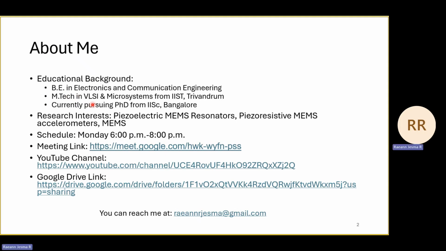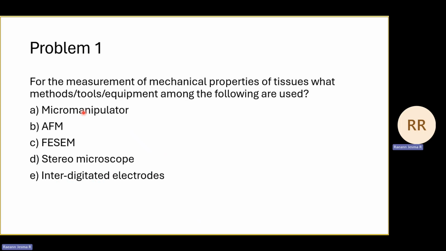So first, now let us start with problem 1. For the measurement method of mechanical properties of tissues, what are the methods or tools or equipment among the following that are used? In this question, we have to answer what we are using to measure the mechanical properties of a tissue.